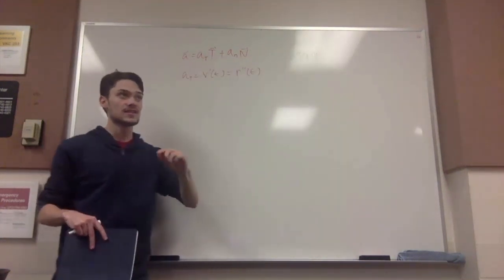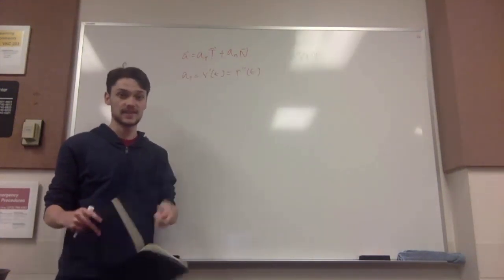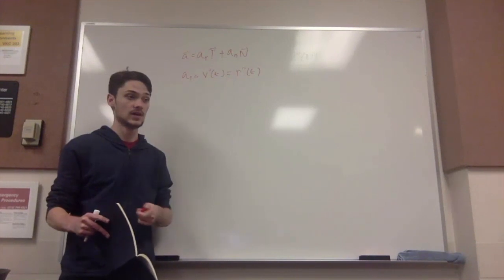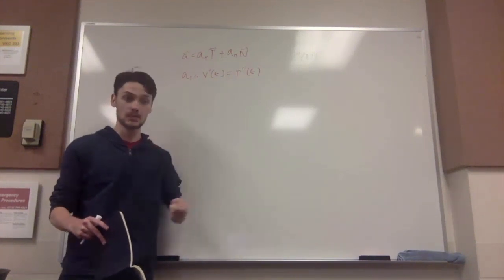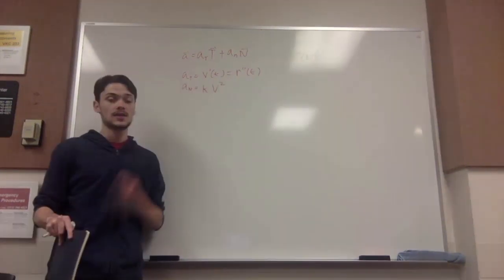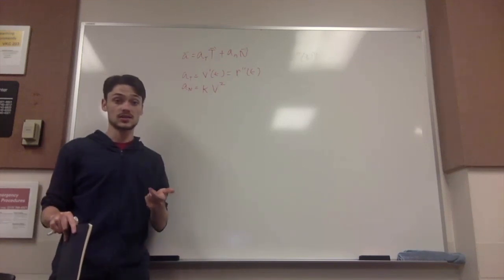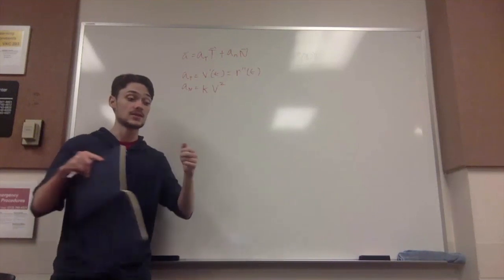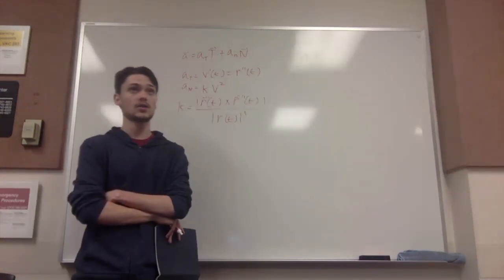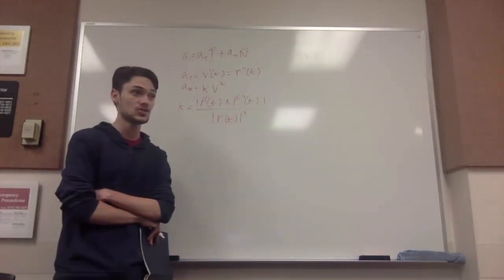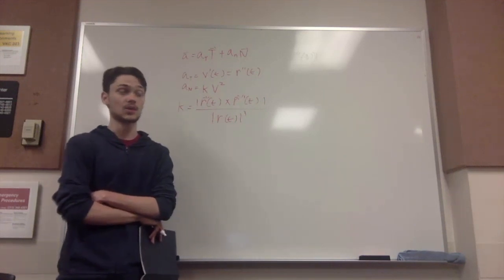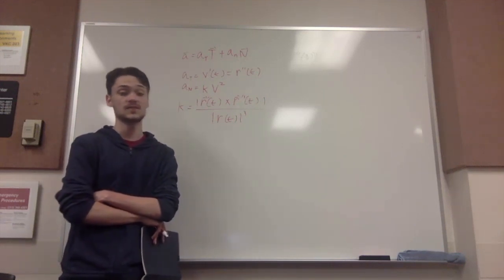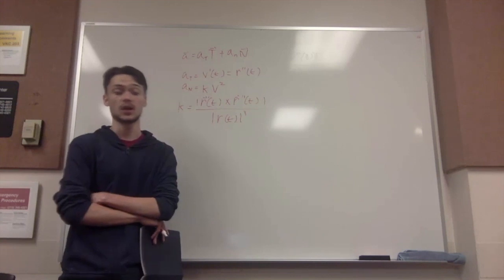Now, the acceleration in the tangent direction is relatively easy to find. It is simply the derivative of the velocity equation or the double derivative of the position equation. The acceleration in the normal direction is a little bit trickier to find because it is the curvature times the velocity squared. Now we recall that the curvature is given by the magnitude of the cross of r prime of t and r double prime of t divided by the magnitude of r prime of t cubed.